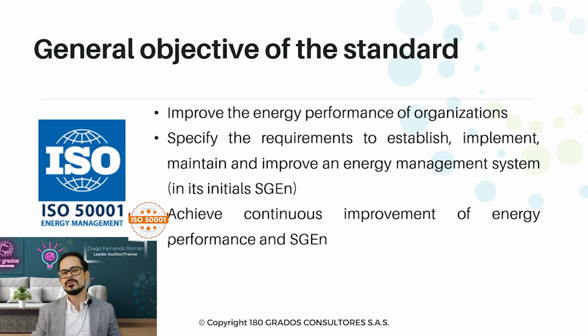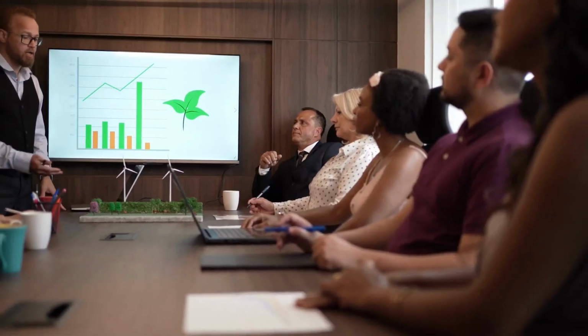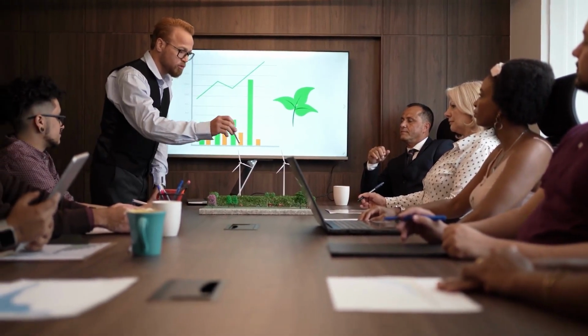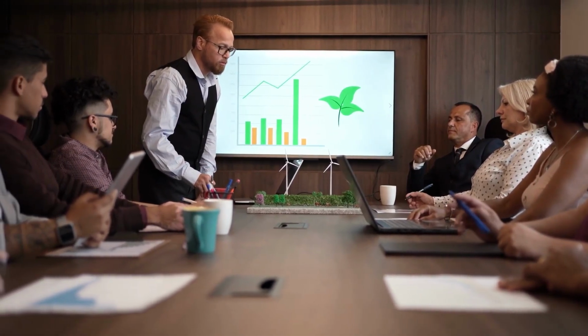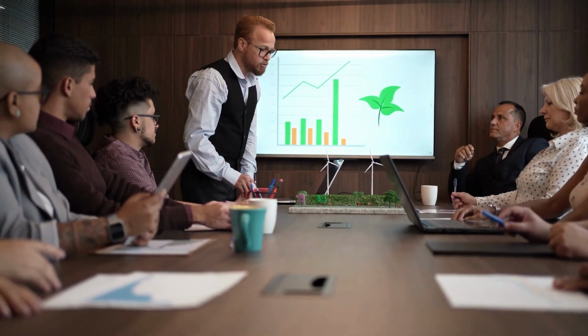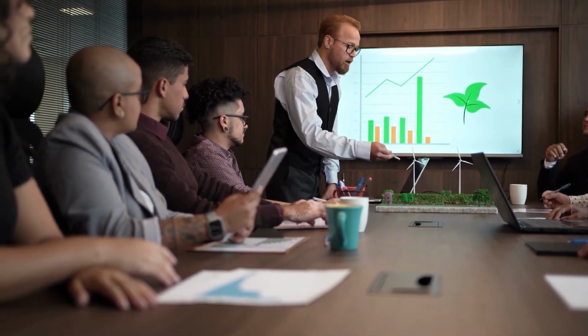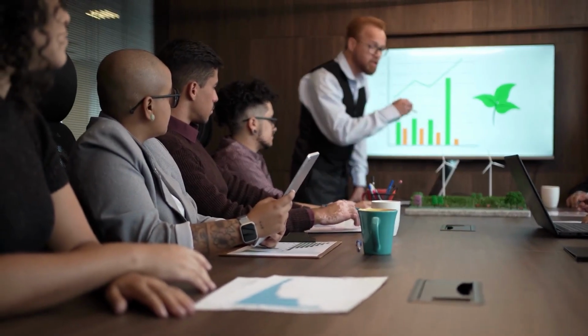The ISO 50001 standard is not just about implementing short-term energy-saving measures. It's about creating a culture of continuous energy performance improvement. This means constantly looking for ways to optimize energy usage, from a small daily operation to large-scale industrial processes.